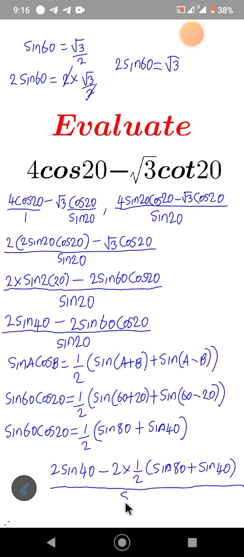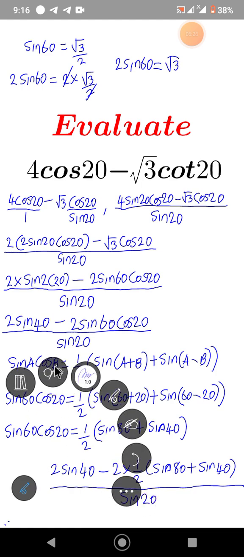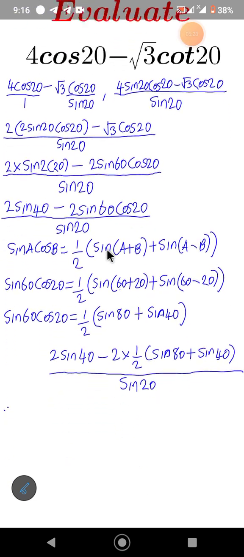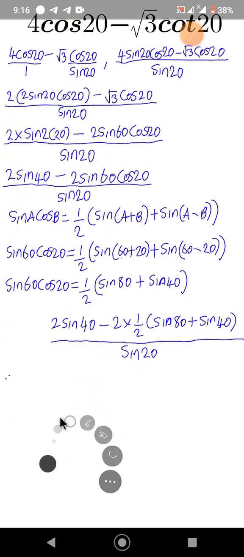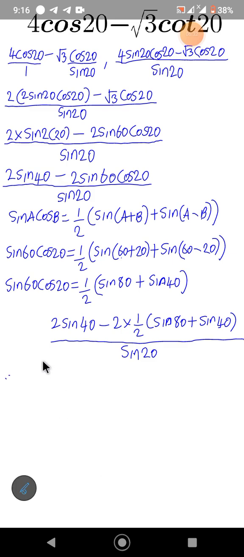So write sine 20 under. So we can continue again now. This is 2 sine 40, so I'm going to write 2 sine 40. Then 2 we divide 2 here, so we are left with minus, open bracket, sine 80 plus sine 40 all over sine 20.